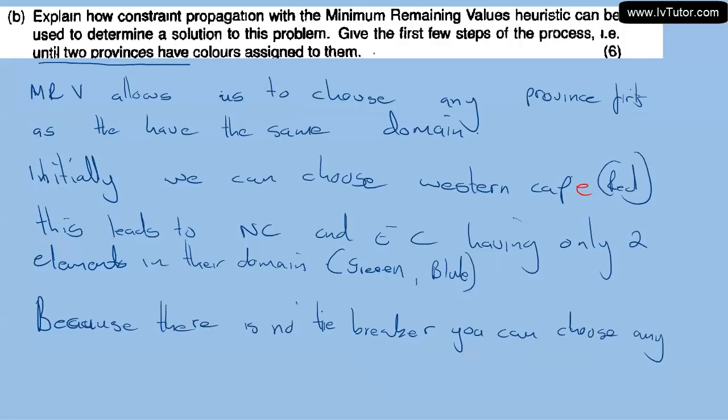So once we do that, we choose Northern Cape and paint it blue. So 2 provinces have colors assigned to them. Does that make sense?